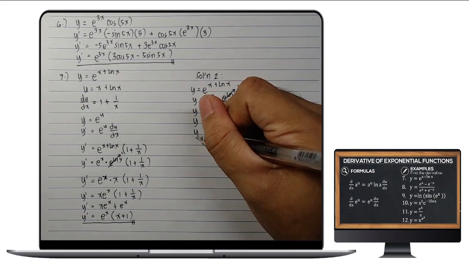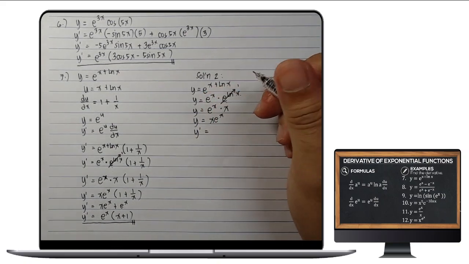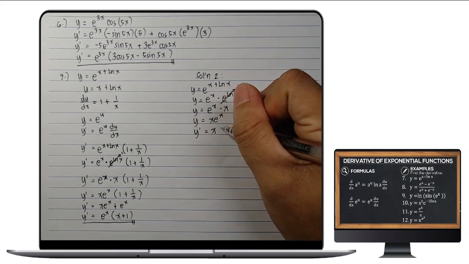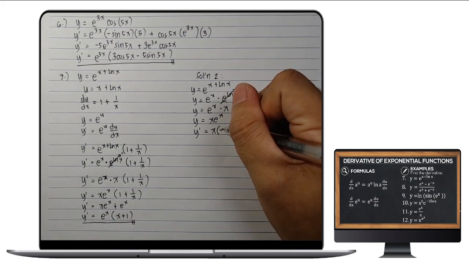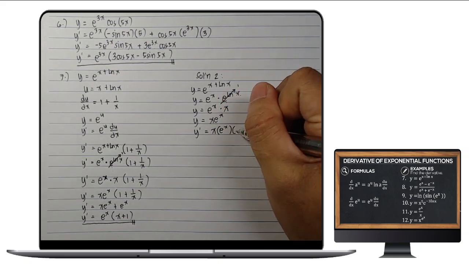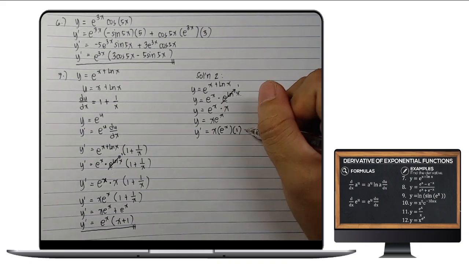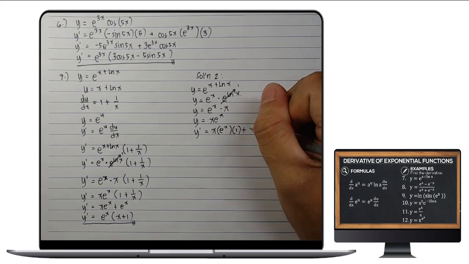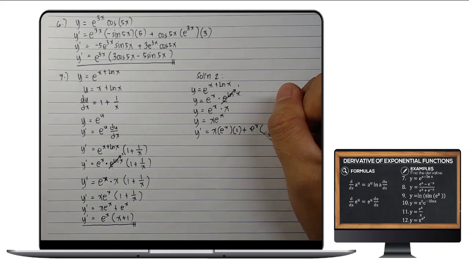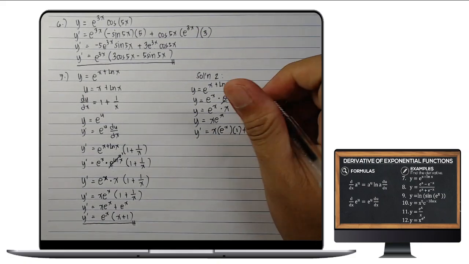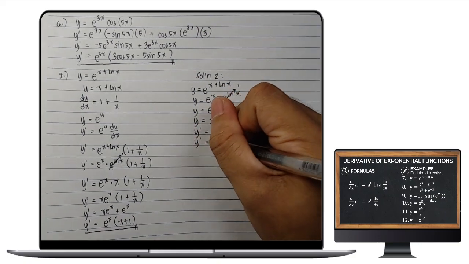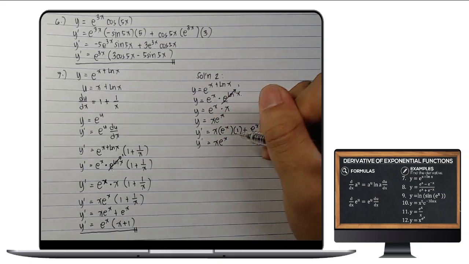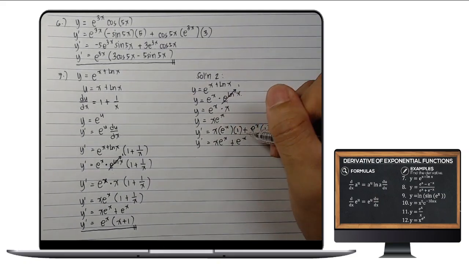So, when you get the derivative of this by the derivative of a product, we copy x, then the derivative of e raised to x is e raised to x times the derivative of x, which is 1. Plus, we copy e raised to x, then the derivative of x is 1. So, y prime is equal to x e raised to x plus e raised to x.